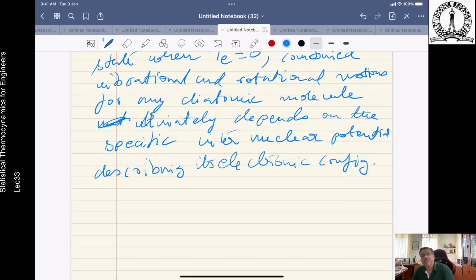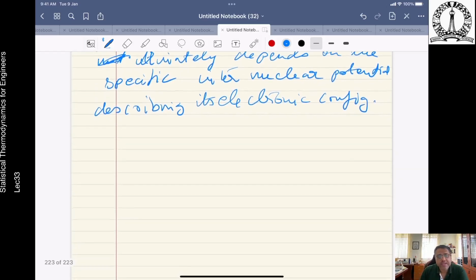So this is important: it depends specifically on the internuclear potential, even though the ground electronic energy is equal to 0.